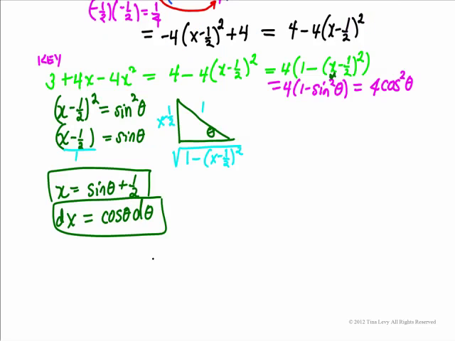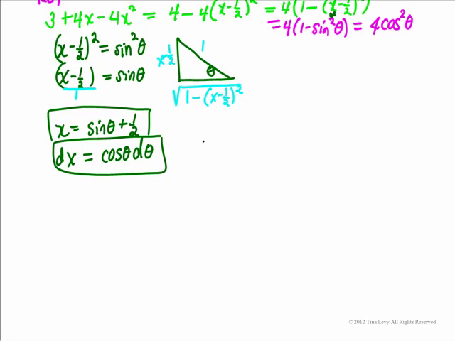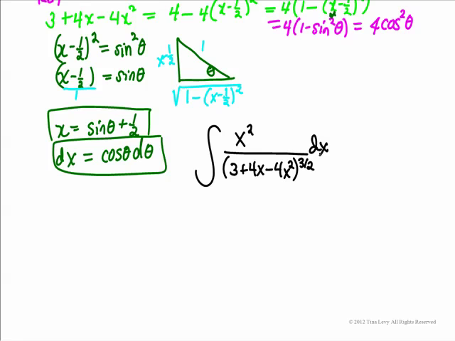Putting the integral again so you can see, we're doing the integral of x squared over (3 plus 4x minus 4x squared) to the 3/2 dx. I'm now ready to do my substituting.